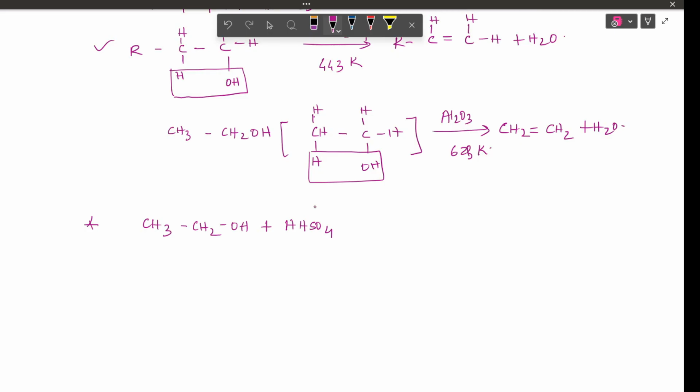This is H2SO4. It will first react with H2SO4 to form alkyl hydrogen sulfate, that is C2H5HSO4, and this water will go out.